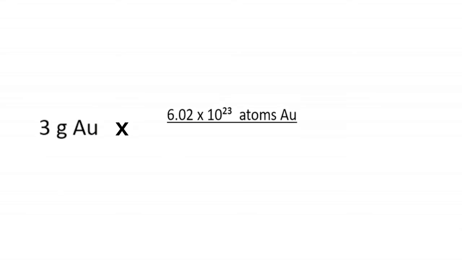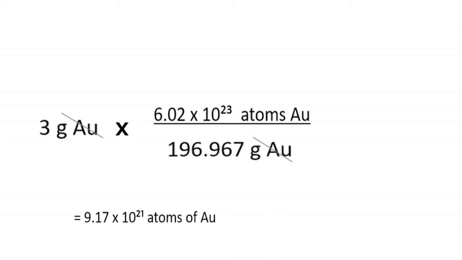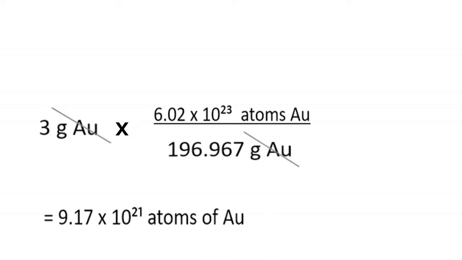Okay, let's solve. 3 grams of gold times 6.02 times 10 to the power of 23 atoms of gold divided by 196.967 grams of gold is equal to 9.17 times 10 to the power of 21 atoms of gold.